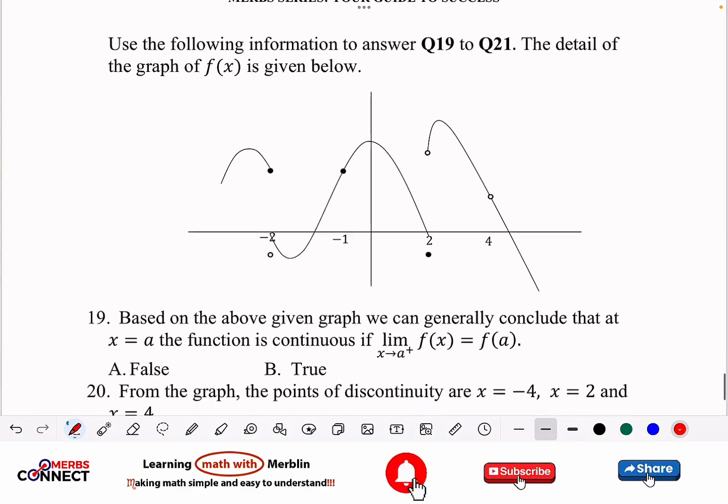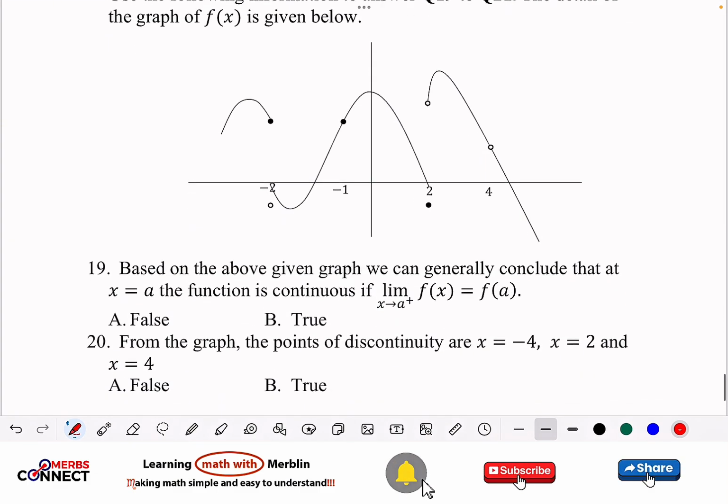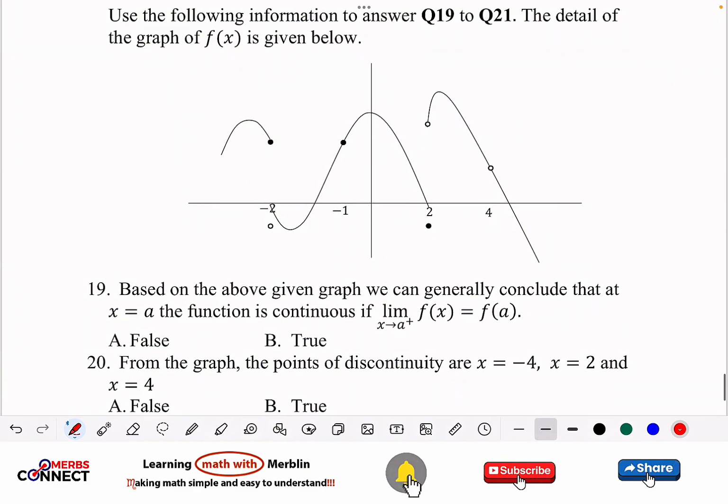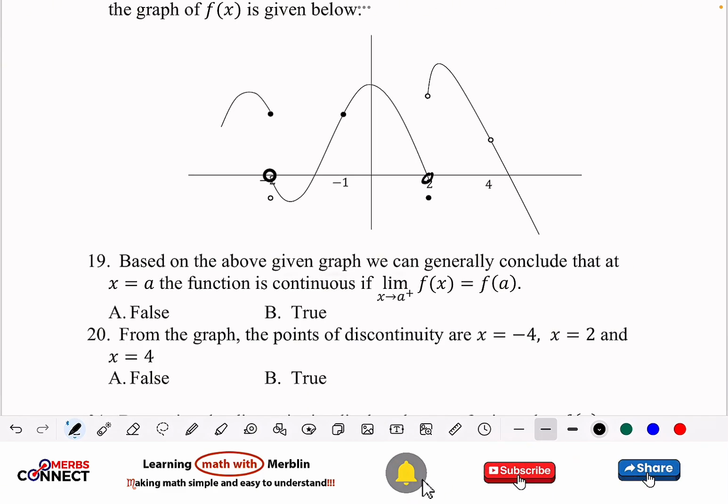Let's look at this one. So this one's supposed to be here, and this one too is supposed to be here. The graph is so annoying. Now, based on the above graph, we can generally conclude that at x equal to a, the function is continuous if this is this.